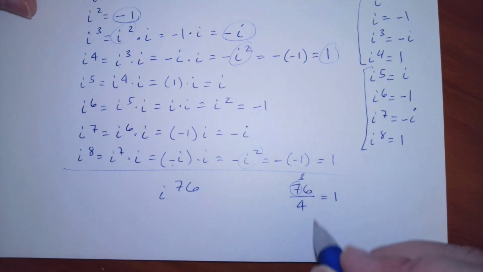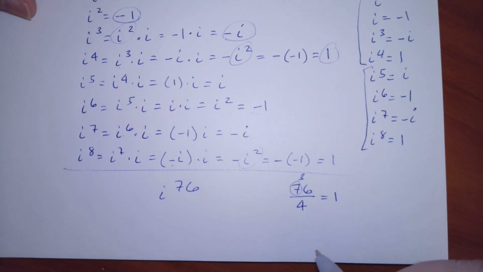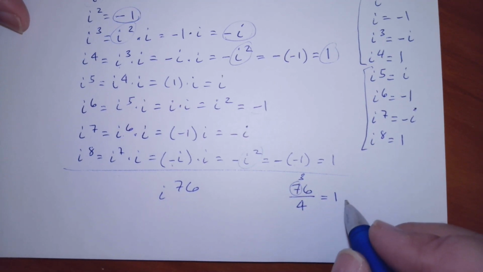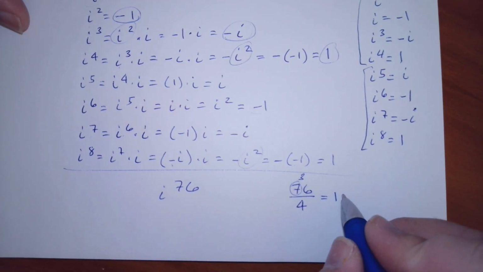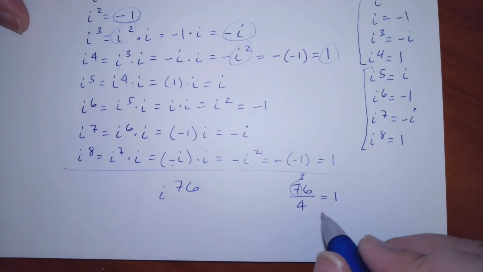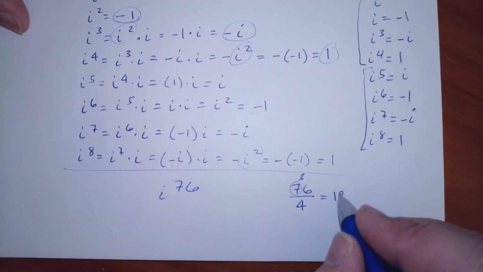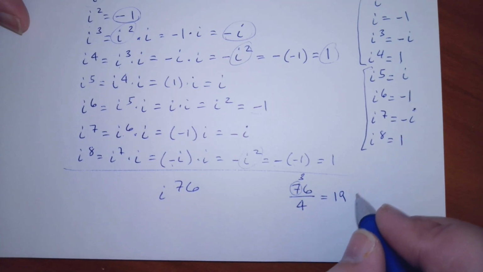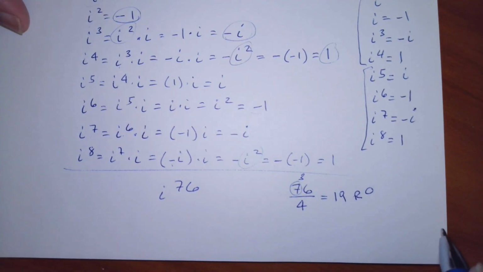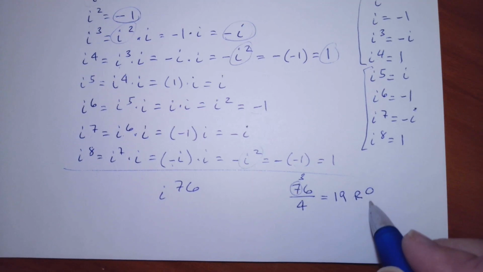So how many times does 4 go into 36? 9 times 4 is 36, and there's no remainder. Since the remainder is 0, the answer is 1.